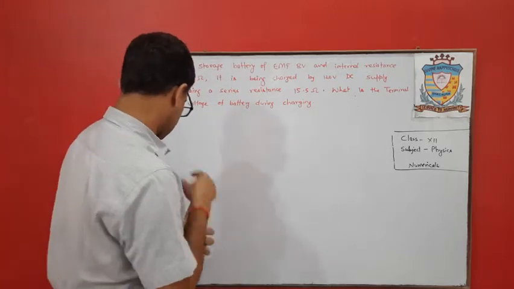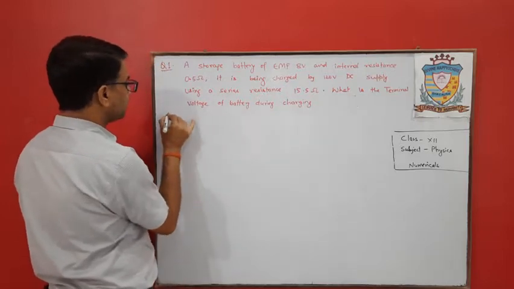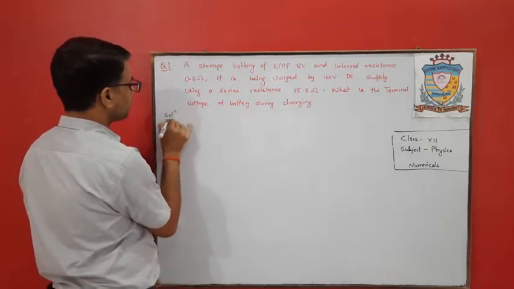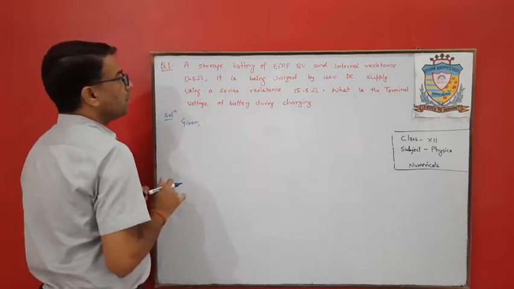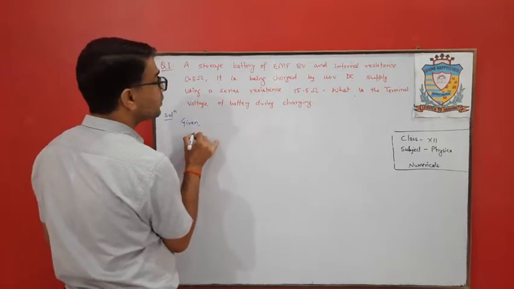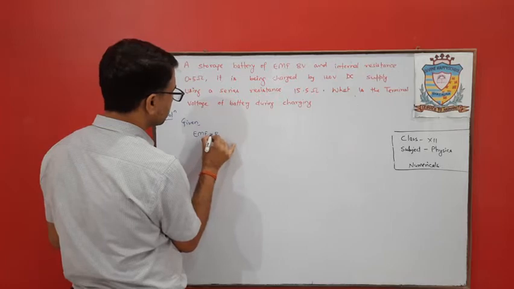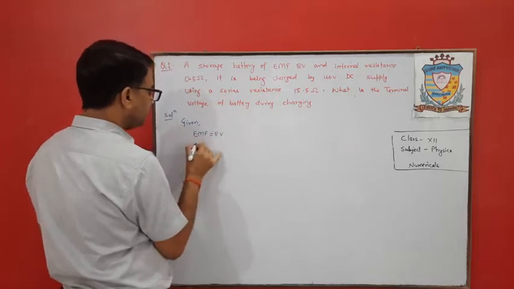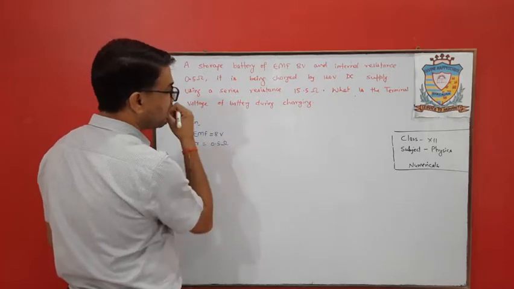Okay. Now, first we'll write down the given part. Given that EMF is 8 volt and internal resistance r is 0.5 ohm.